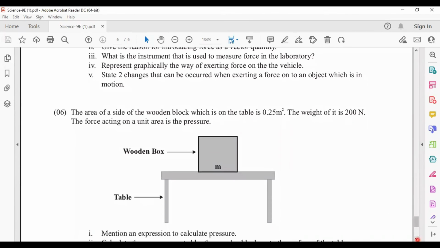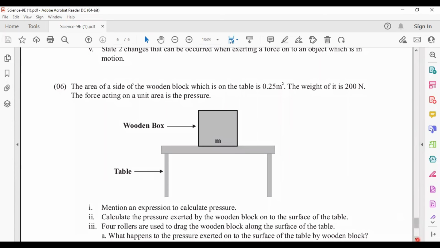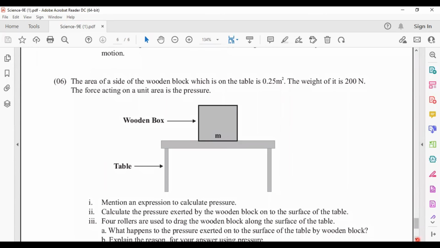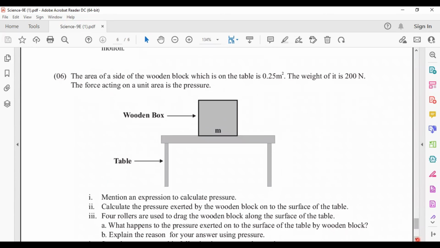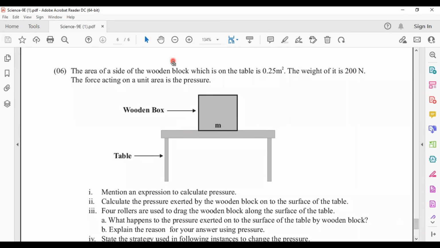Question number 6. The area of a side of the wooden block which is on the table is 0.25 square meters. The weight of it is 200 Newton. The force acting on a unit area is the pressure. Mention an expression to calculate pressure. P equals F divided by A. Problem number 2.